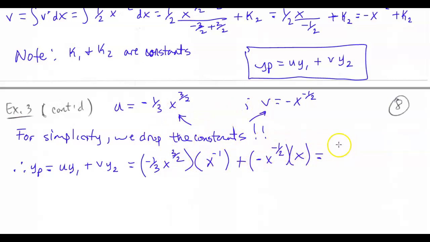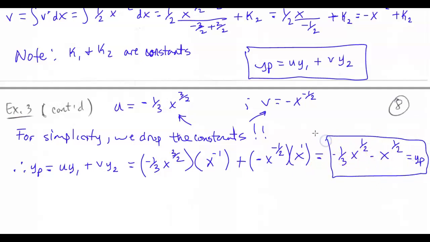And here, if we do this, this will be negative 1/3, and this will be x raised to the 1/2, minus x raised to the, and this is a 1 here, which is the same as 2/2, positive 1/2 there. So this is what our y sub p is going to be.